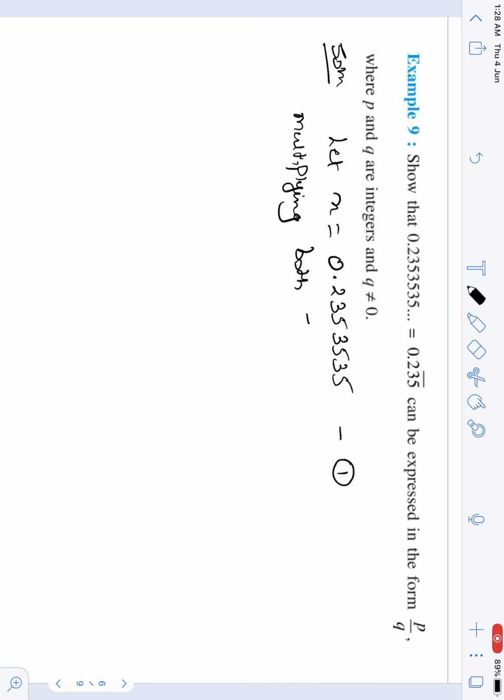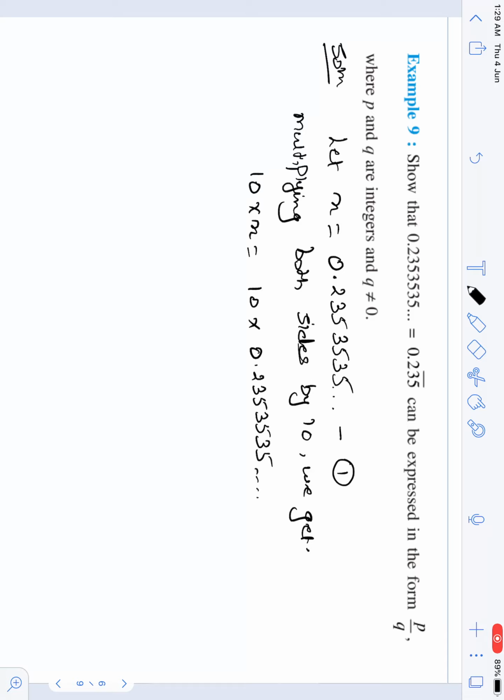So multiplying both sides by 10, we get 10 into x equals 10 into 0.2353535 and so on.